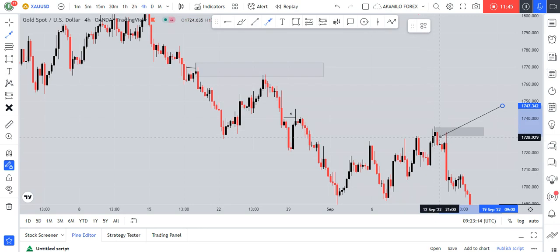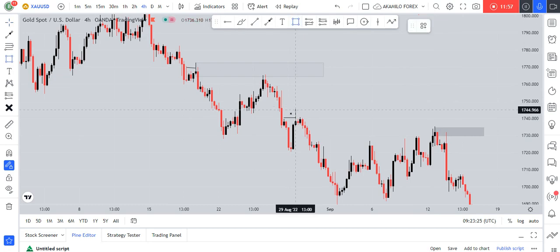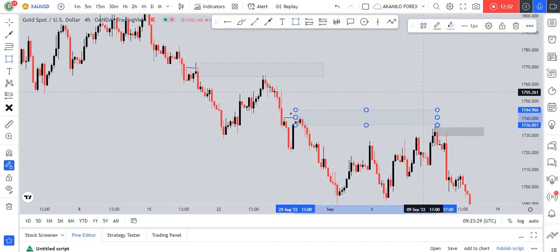That's why we mark that as our order block. If you mark this as an order block, you'll be expecting price to come and tap it. This was how we got our entrance. We used this to get this entry.